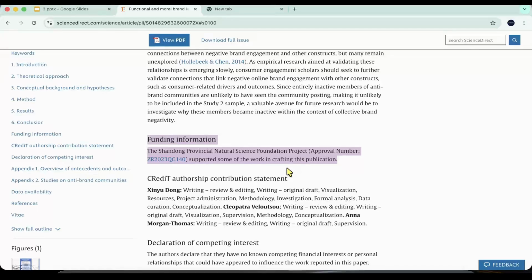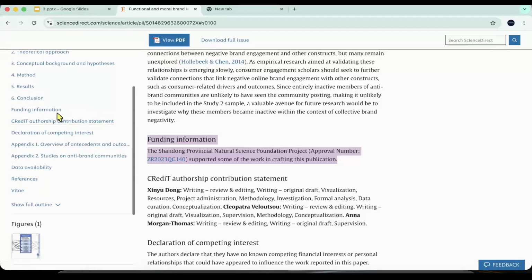You'll be asked while submitting, and if no one has funded your research, just click on no funding information. But if someone has funded, we have to give the details of who has funded our research project. All these things we have to keep as a separate Word file, named in the same way.